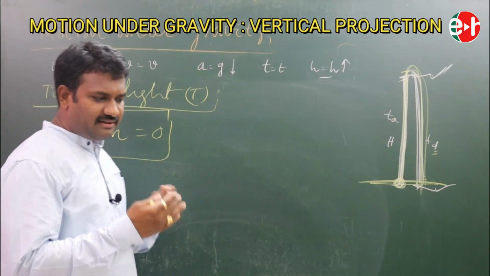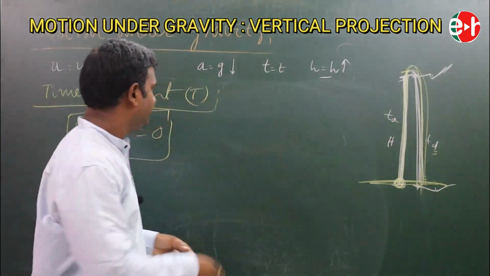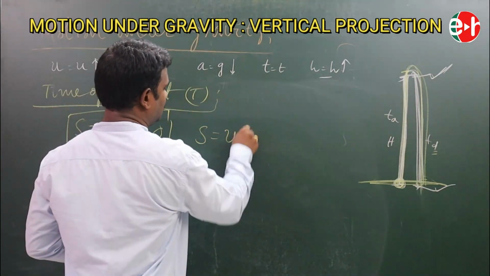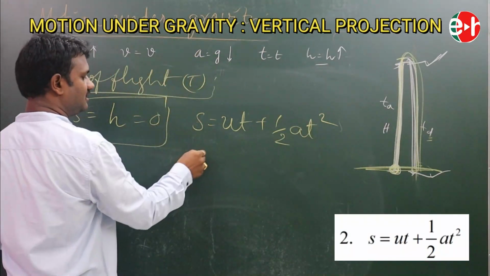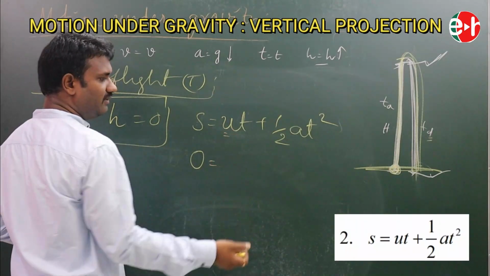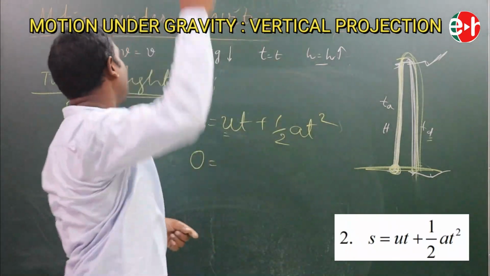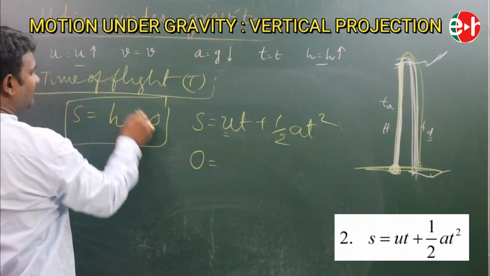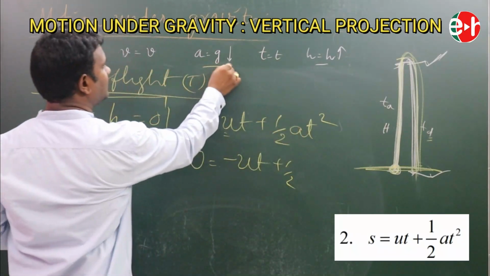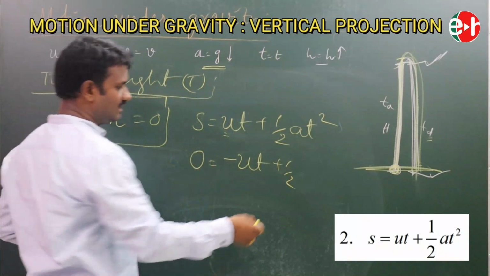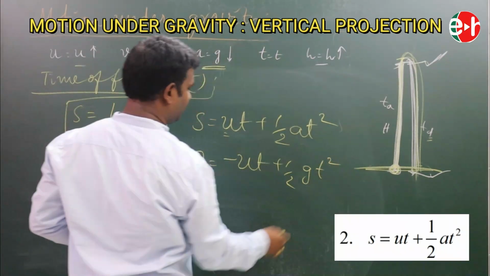So what is the relation between displacement and time? Our second equation, that is ut plus half at². This becomes 0 = u, the initial velocity with which the object is thrown vertically upwards, negative, minus u into t plus half into a, where g is downwards, taken as negative, into t².